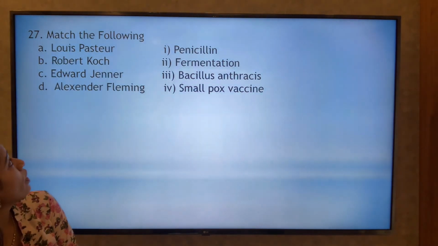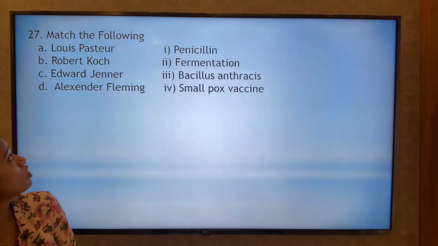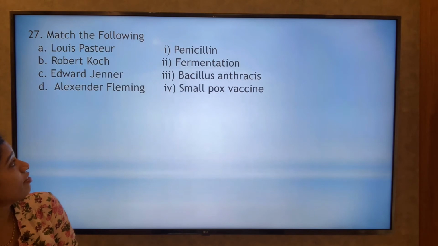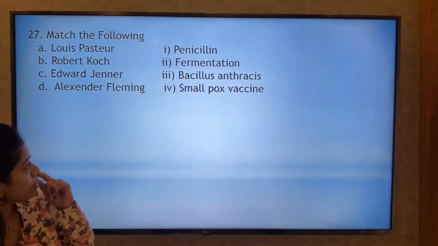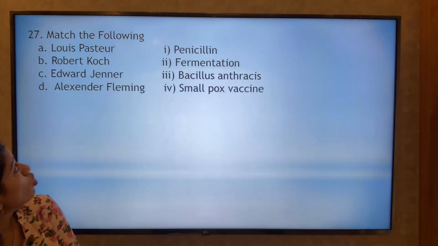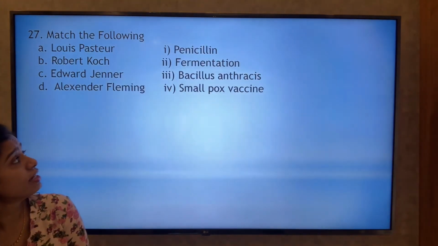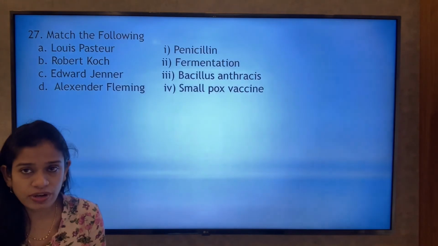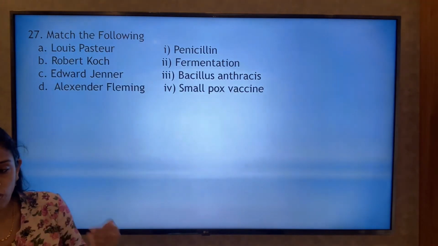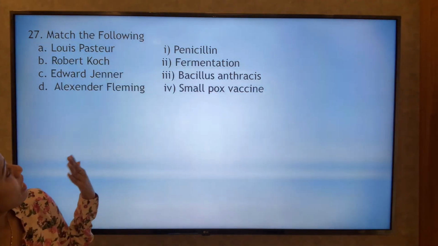Match the following: Louis Pasteur, Robert Koch, Edward Jenner, Alexander Fleming with penicillin, fermentation, Bacillus anthracis and smallpox vaccine. Louis Pasteur helped in the process of pasteurization. Next is Robert Koch.